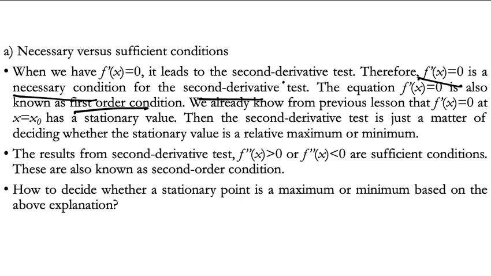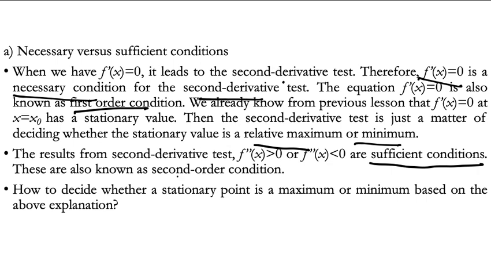So the second derivative test is just a matter of deciding whether the stationary value is a relative maximum or minimum. When we have the results, f double prime x greater than 0 or less than 0, these two are basically the sufficient conditions.